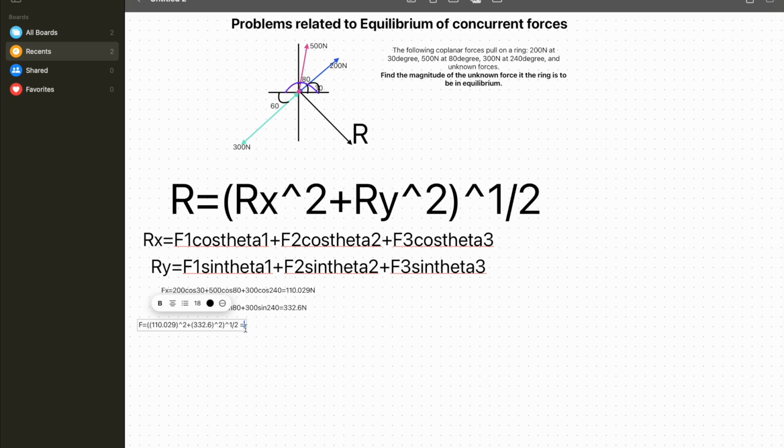So it's equal to, then let me calculate in this calculator.